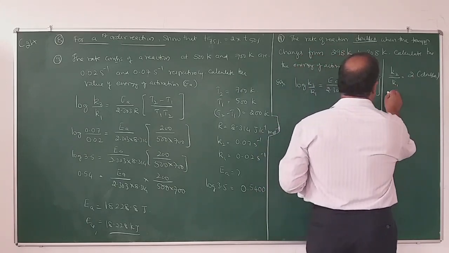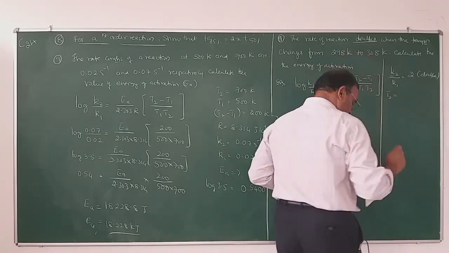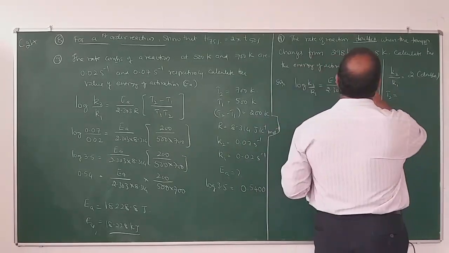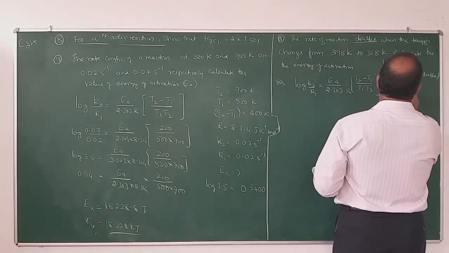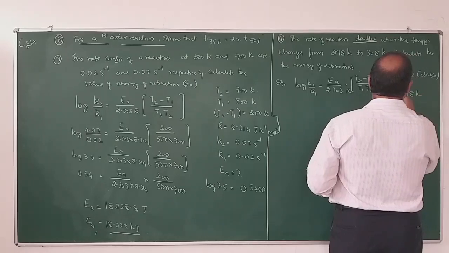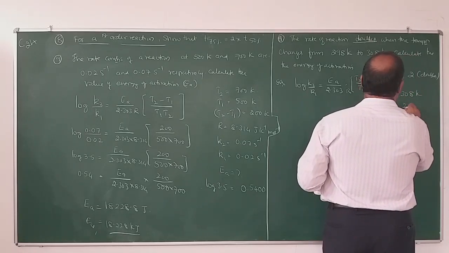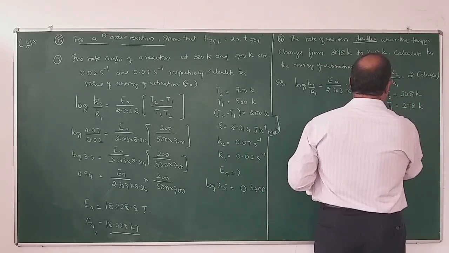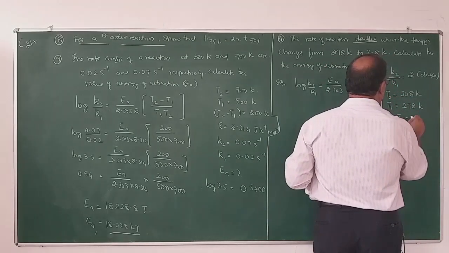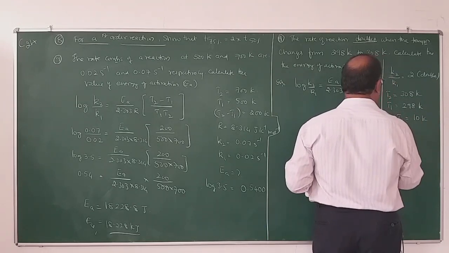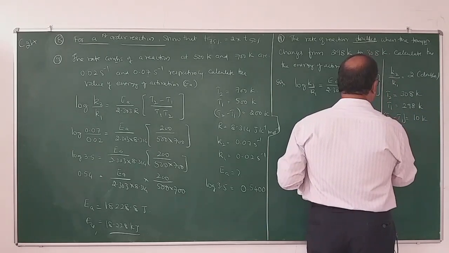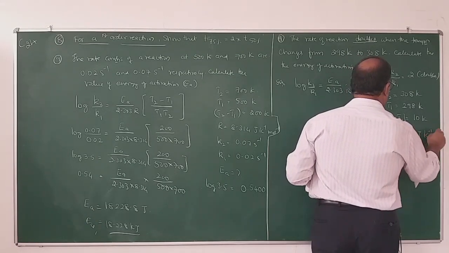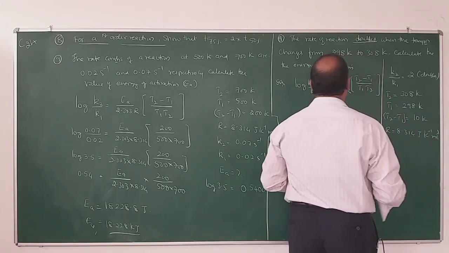And then what is T2? If temperature is given in centigrade, you have to convert it into Kelvin. So T2 is 308 Kelvin, T1 equals 298 Kelvin, and T2 minus T1 is equal to 10 Kelvin. R equals 8.314 joule per Kelvin per mole.